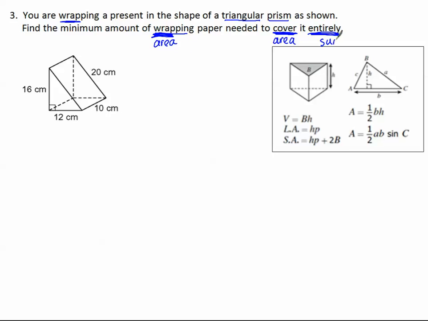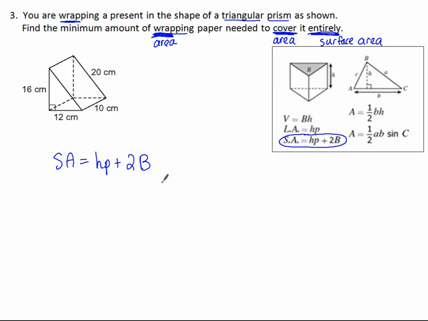Entirely indicates that we probably want surface area. Now this is a triangular prism, so from our formula sheet, we're going to the surface area formula for the triangular prism. Let's write that down. Surface area equals HP plus 2 capital B.